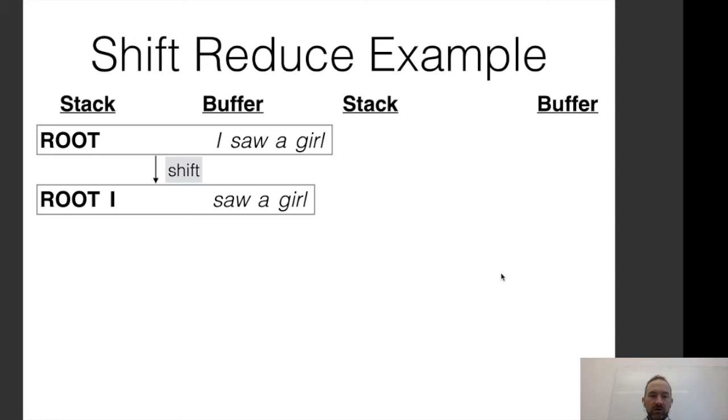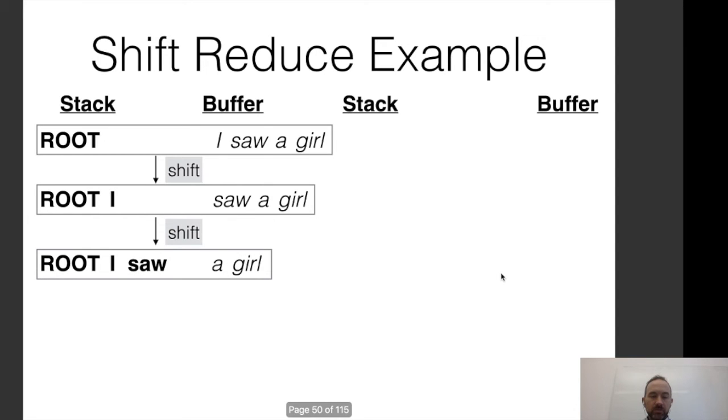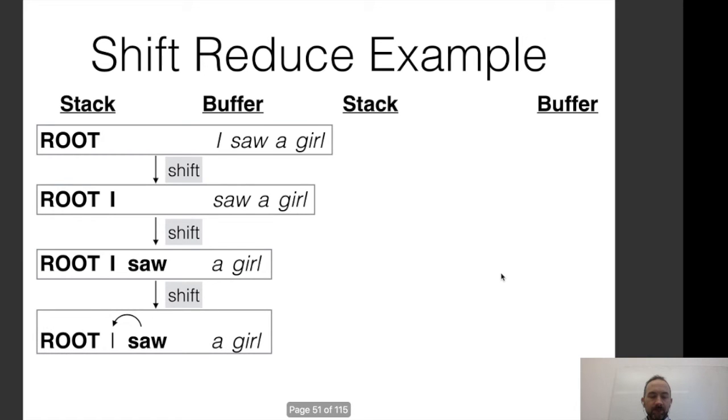So now I is no longer on the buffer, it's on the stack. We shift again, so we get saw. And then, sorry, we don't shift, we do reduce left. So basically what this does is this takes saw and it makes the I here be a child of the word saw.